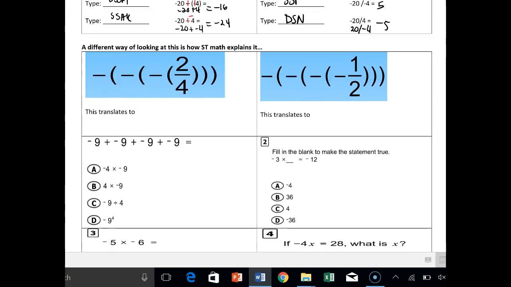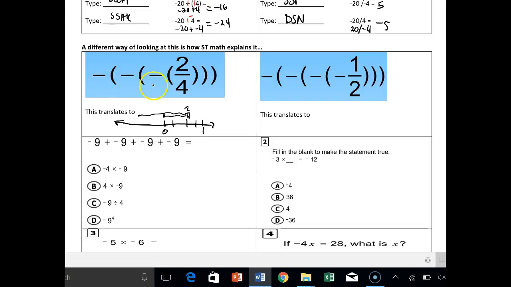So here's how you can kind of look at this via ST math, right? In ST math, you have this number line where this is 0 here, and then it says plot 2/4. Well, if this is 1, and then you have 1/4, 2/4, 3/4, right? 2/4 is right here. But it swings the gate positive, and then it swings it back negative to 2/4, and then it swings it back positive, right? It depends on how many negatives there are.